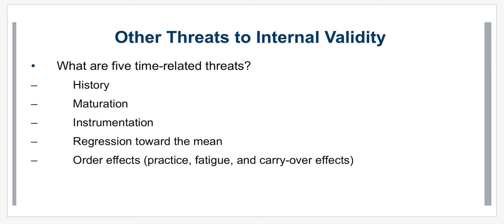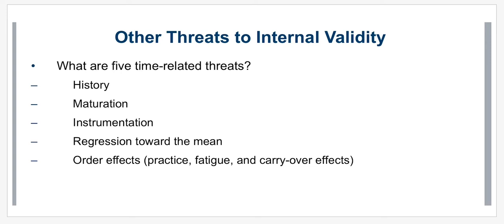Maturation is what it looks like. It has the word mature in it, right? So this is how participants may change or grow over time. This is especially relevant and a cautionary thing to be aware of for studies where there's a long amount of time in between conditions, or where they're studying these participants over time, and because of that, they may grow or change.